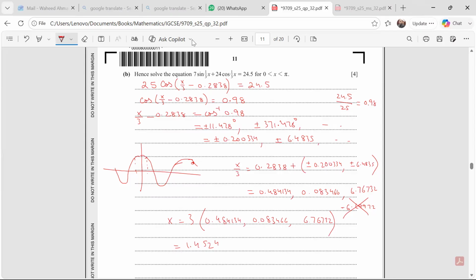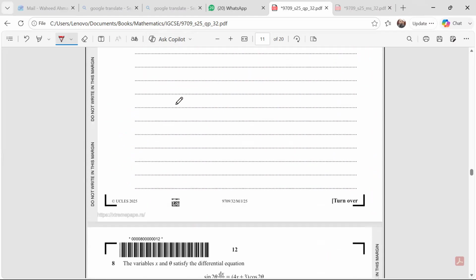And when I multiply with this one, I get 0.2504. And when I multiply with this one, it is going to be 18 something, right? But again, remember we have to look at solution between 0 and 3.14. So only these two values qualify to be in this interval. Other value we don't need to consider. Okay, so this was the B part of your solution.